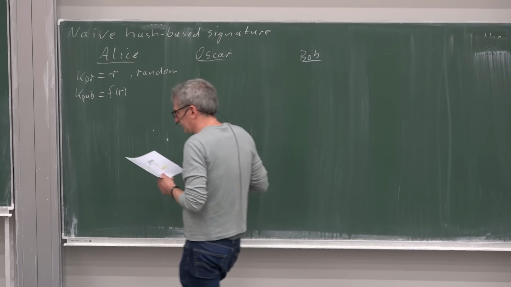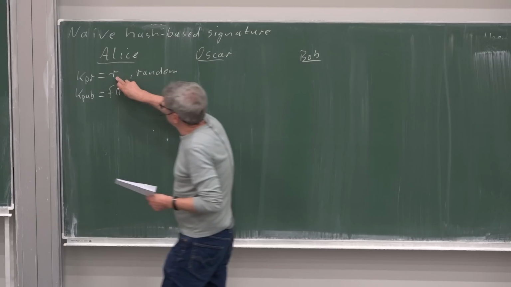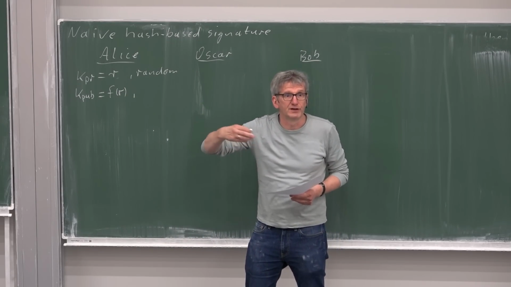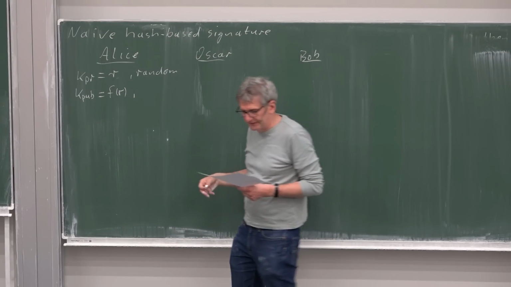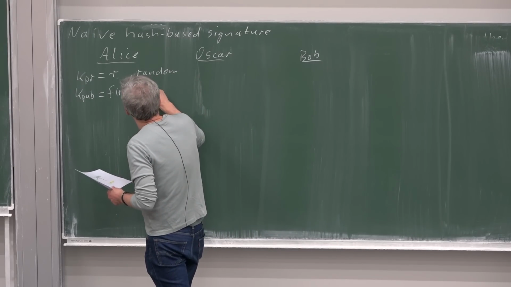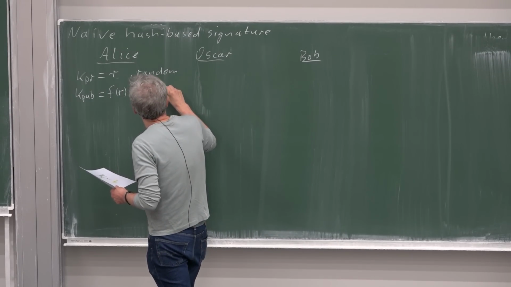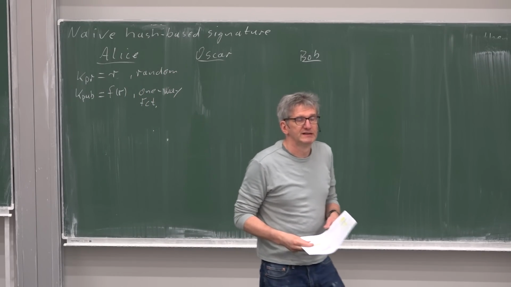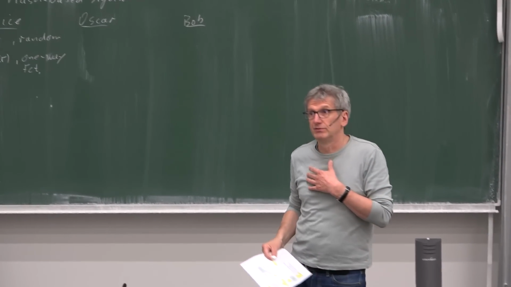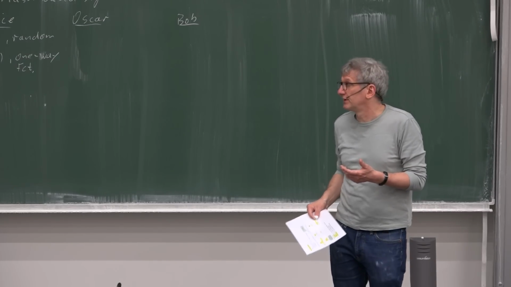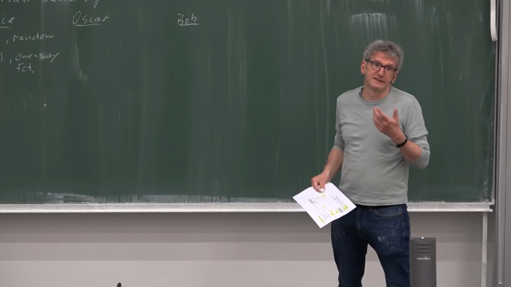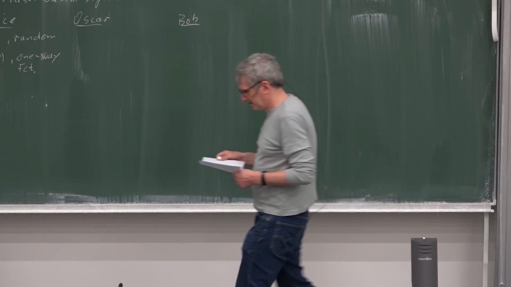The property of f, and this is going to come up over and over again in the next 60 minutes, is that it is a one-way function. Of the different properties that hash functions have, the number one, which we call the preimage resistance, the one-wayness, is very crucial here.